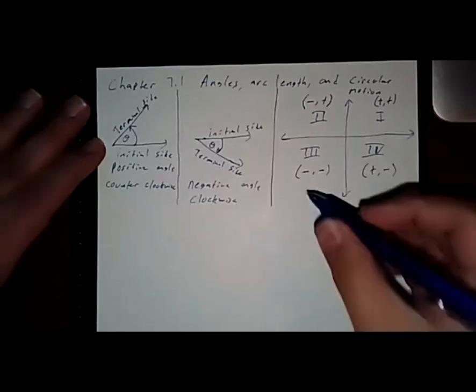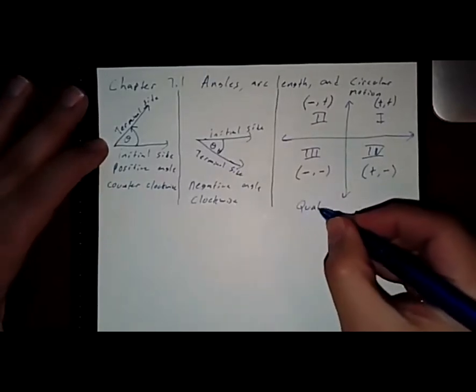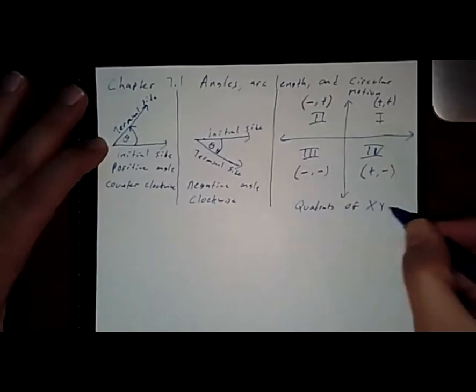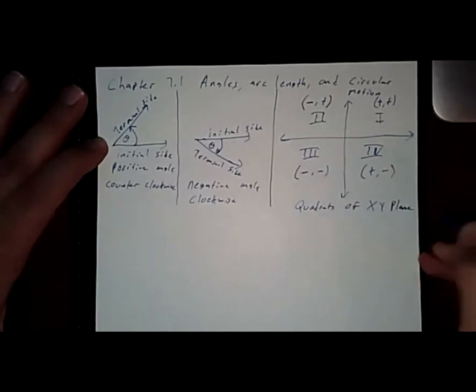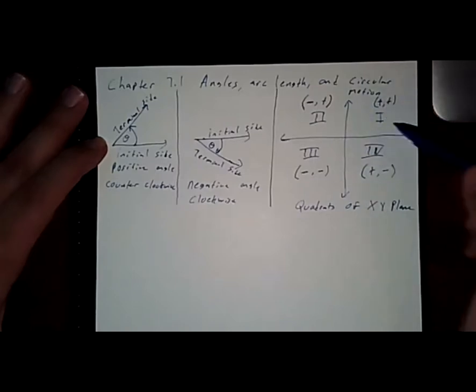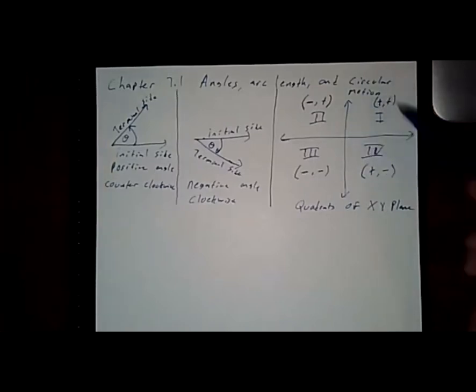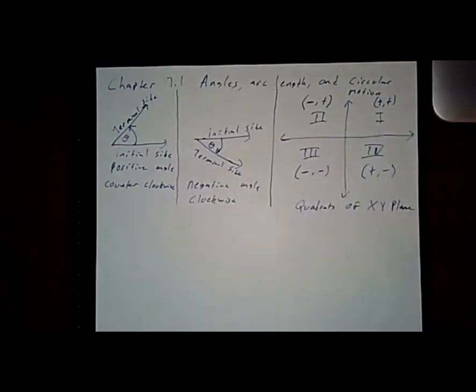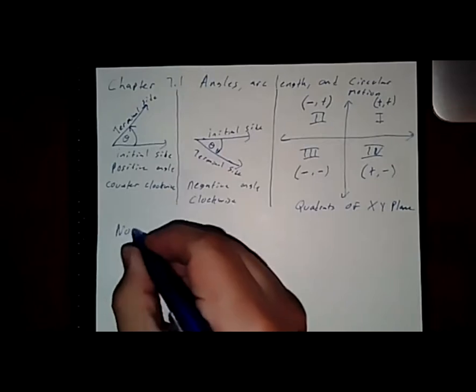So these are the quadrants of the XY plane. Just like in college algebra, when you draw parabolas and stuff, this is still X and Y. It's not anything new. It's just that we're going to be using it to reference angles now. All right, here we go.